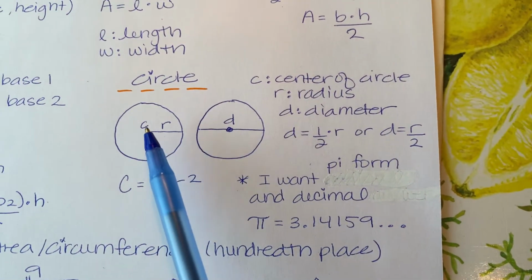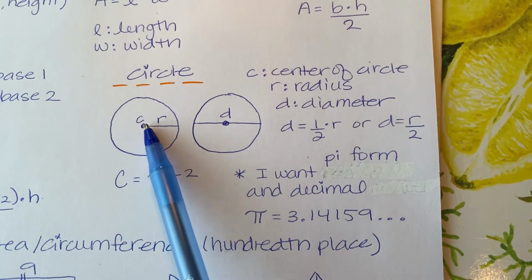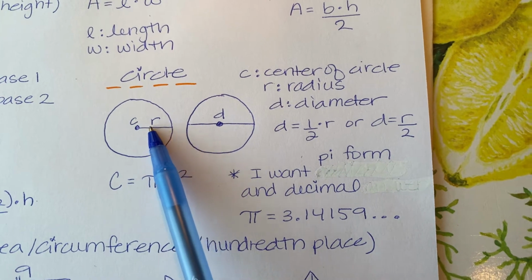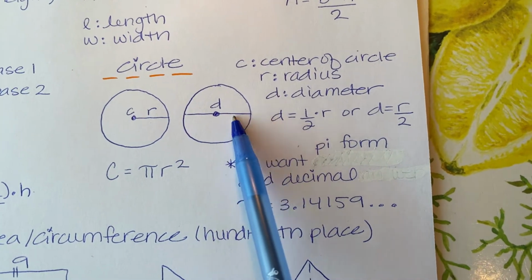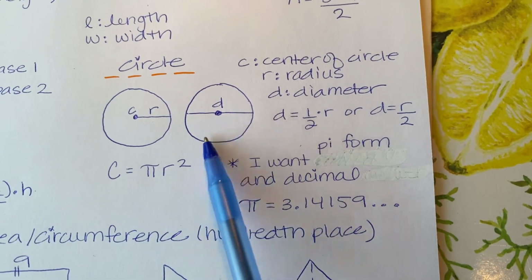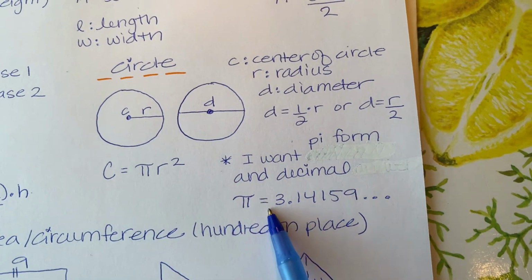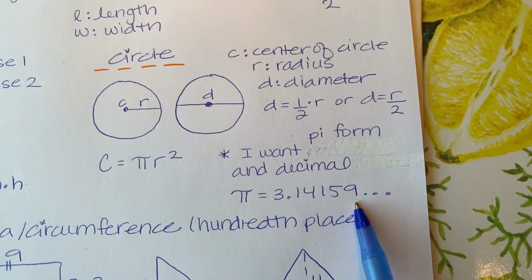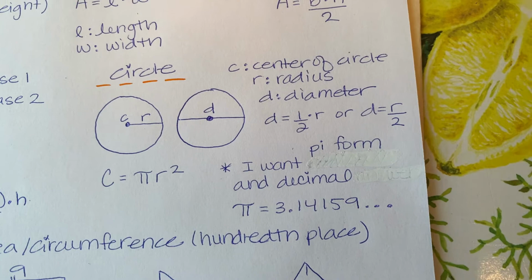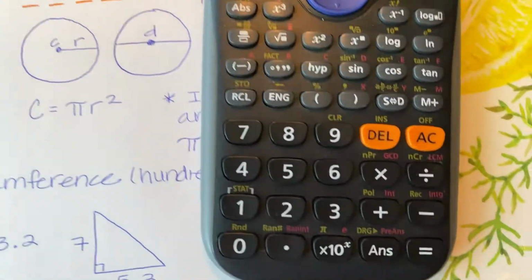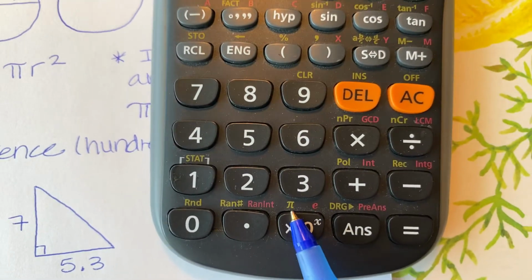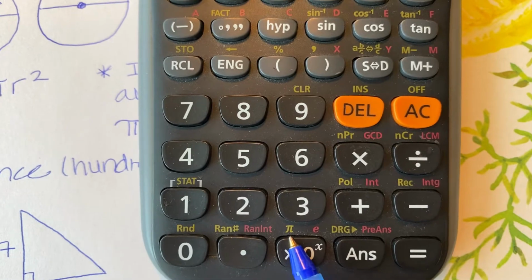And then circle, that little C, if you see it, that's the center of the circle. This is your radius. It's half the diameter, right? It's half the length of the diameter. You know that. This is pi, 3.14159. But your phone and your calculators both have a pi button. My pi button is right here. See how it's written in yellow ink?